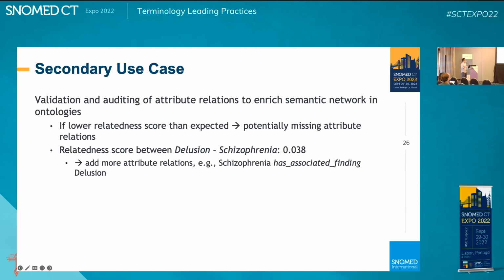For example, the relatedness score between delusion and schizophrenia in the benchmark study was 0.038 when measured using the current approach, and this is lower than our expectation. In that case we can add relations like associated finding between the two terms, and this will improve the relatedness score, and this will enrich the network of the UMLS.